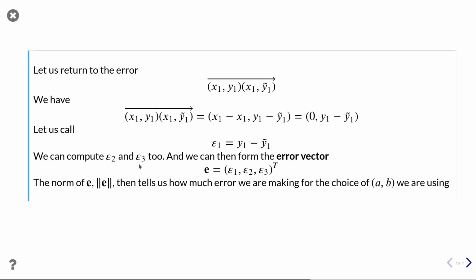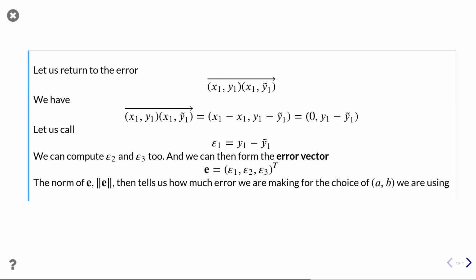What we do is we take those and put them in a vector. For each data point, I have an error epsilon i that corresponds to the error that I get from using a and b in my equation. Then this is a vector, and I can compute its norm.